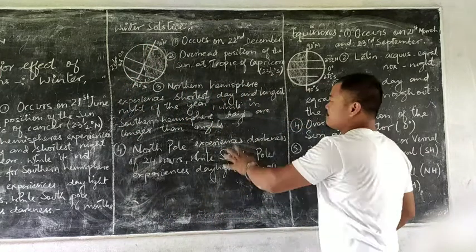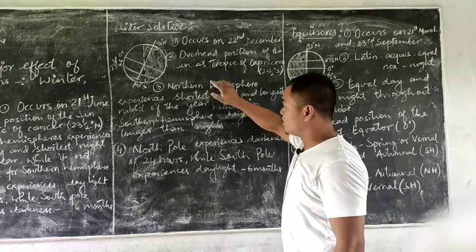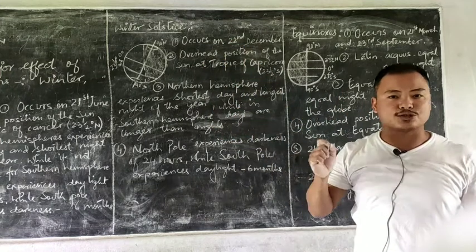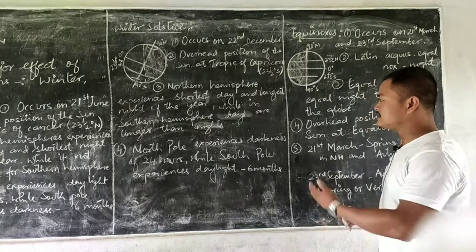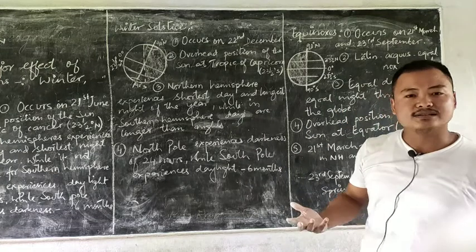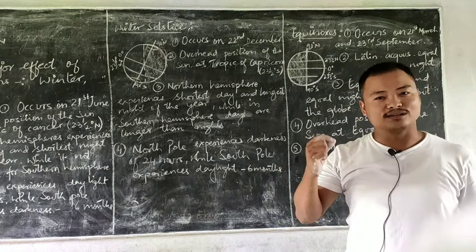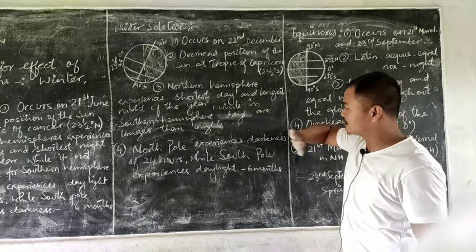So during this time of the year, the northern hemisphere on this particular day, that is 22nd of December, experiences the shortest day and the longest night of the year, while the southern hemisphere experiences the longest day and shortest night. The southern hemisphere experiences summer season.